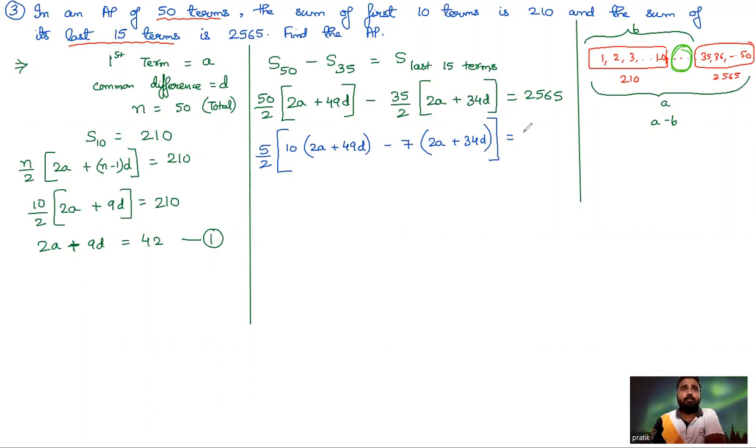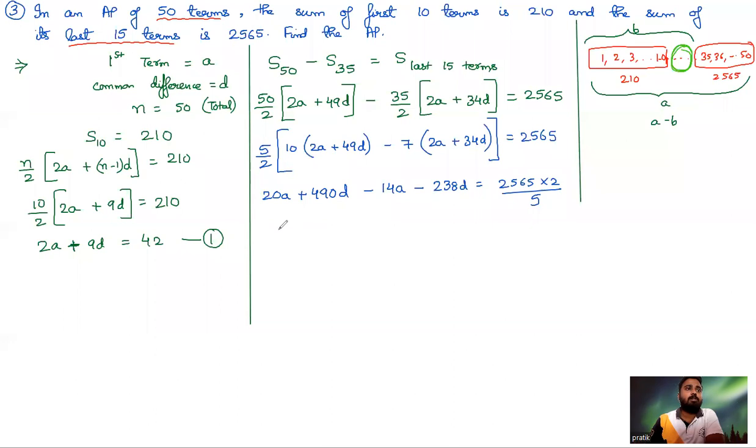This entire thing is equal to 2565. On doing this, you get 1020a plus 490d minus 14a minus 34 into 7, which is 238d, equal to 2565 into 2 divided by 5, because the 5 by 2 was there.